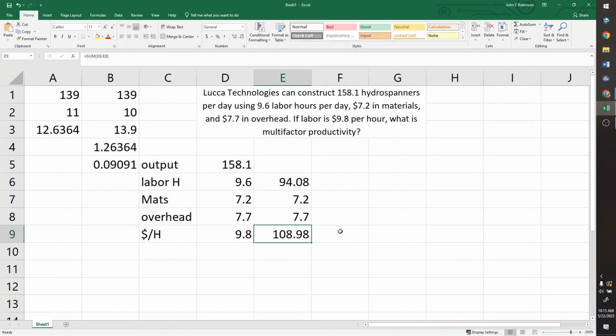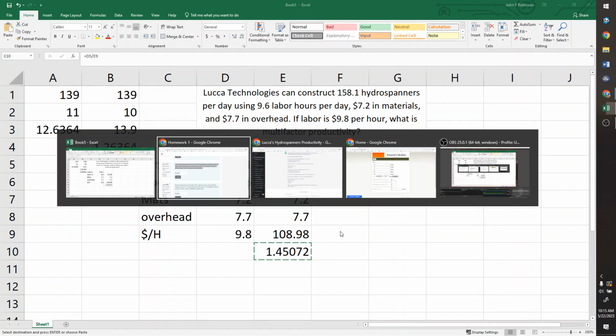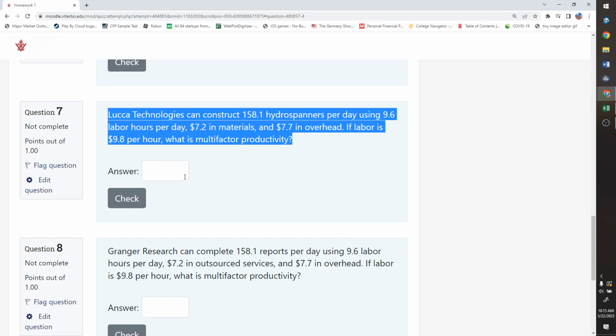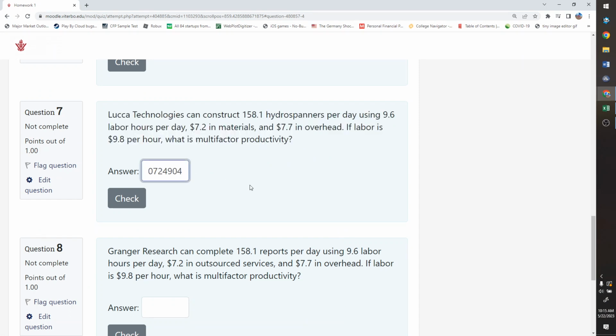So now we have total dollars. So what's our output per dollar input? This is straight division again. 1.45072.